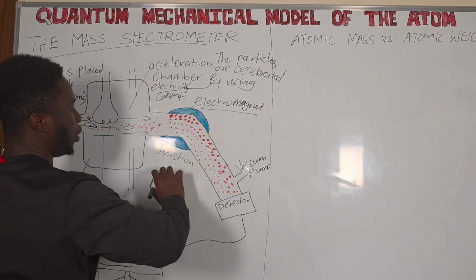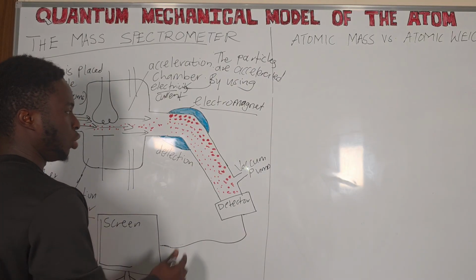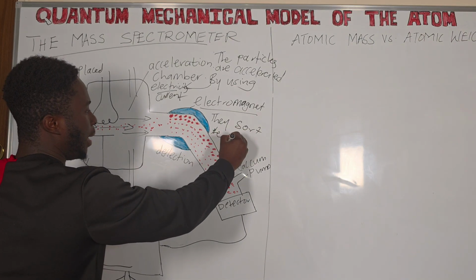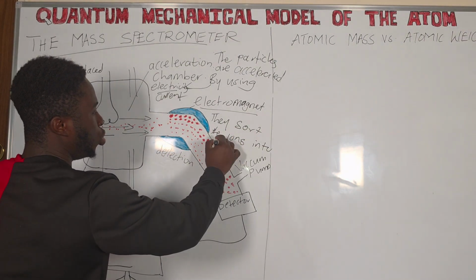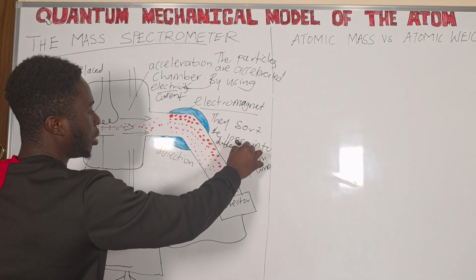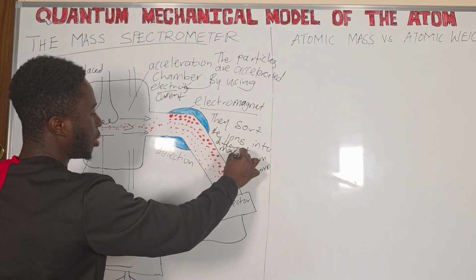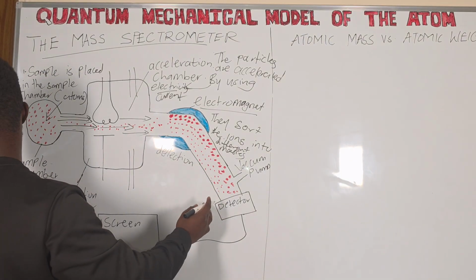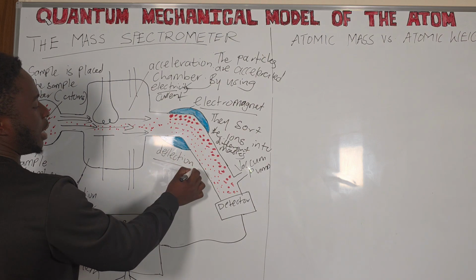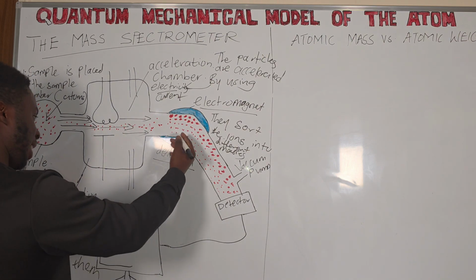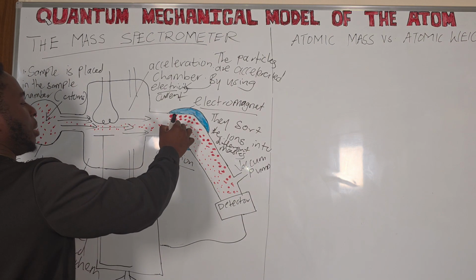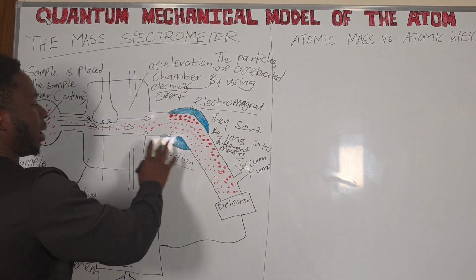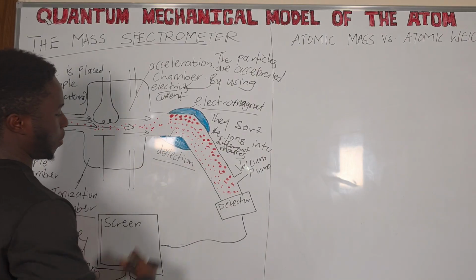So what does the electromagnet and the deflection chamber do? They sort the ions into different masses. That is basically what it does. If there are heavier atoms coming here, it will just deflect them away, so that only lighter charges come towards here.